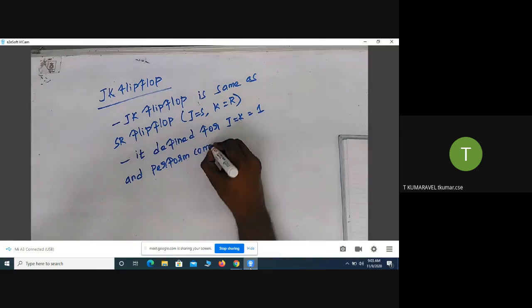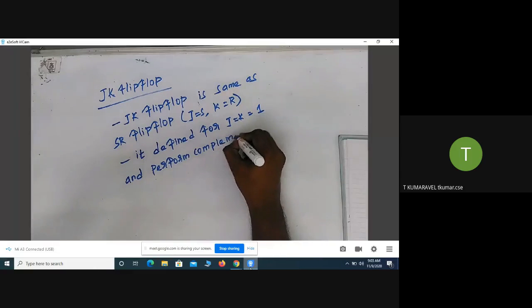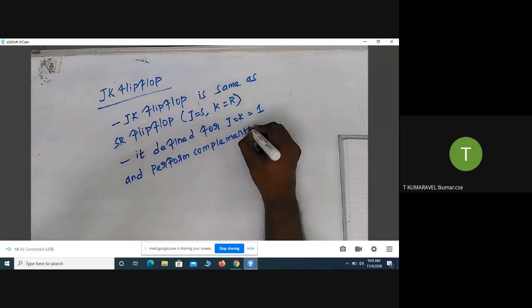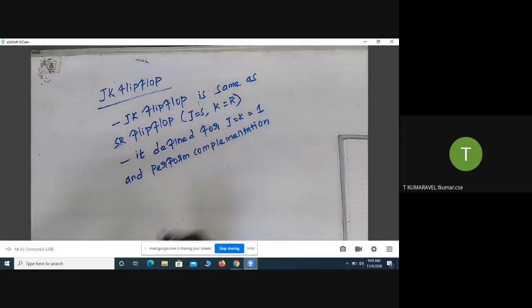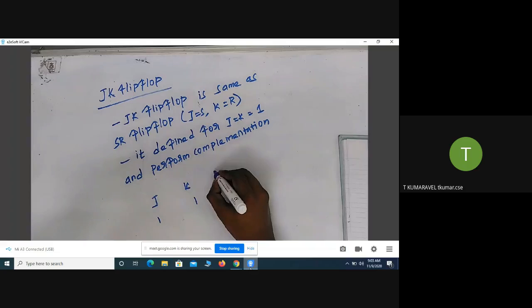I will explain that. For example, if J and K both inputs are one, then what is the output of this function?